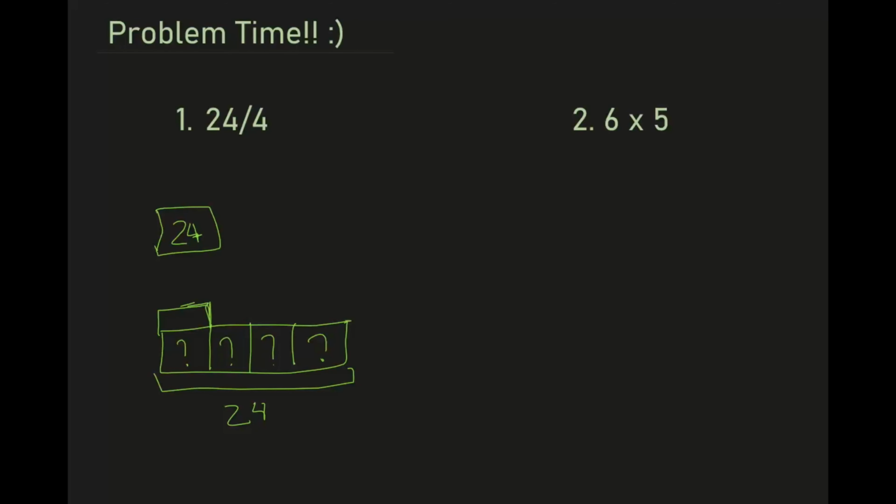So how about we draw something like this. Okay? And then we will use this to figure out the answer to this. So let's divide this into 4 pieces like we did here. 1, 2, 3, and 4. Again, we're trying to figure out what's in each of these.